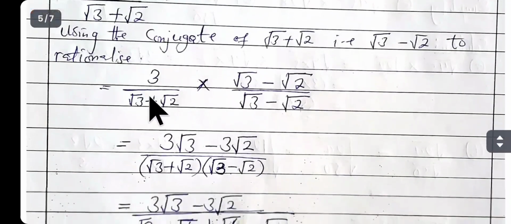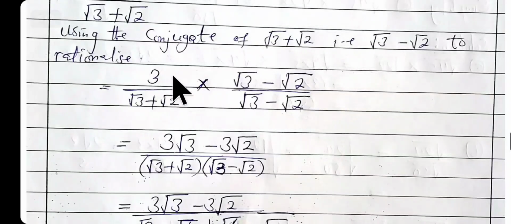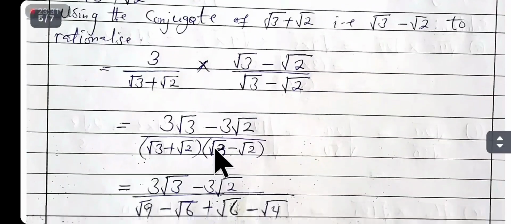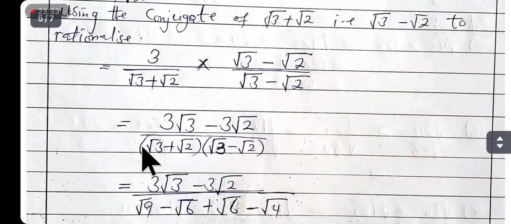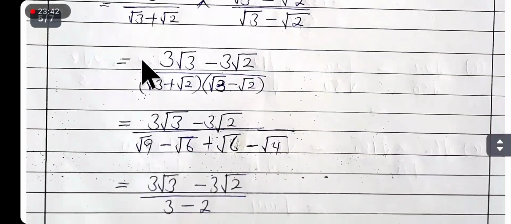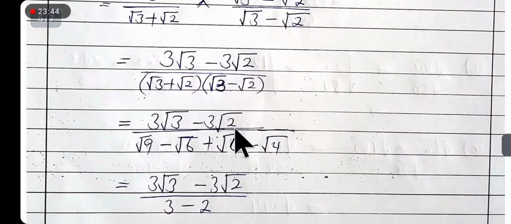If you multiply, this 3 is going to multiply both terms, just like when we open a bracket, multiply the 3 by each of the terms. 3 times root 3 is 3 root 3 minus 3 times root 2 is 3 root 2. Okay, all over root 3 plus root 2 multiplied by root 3 minus root 2. So the numerator is what we repeat here.